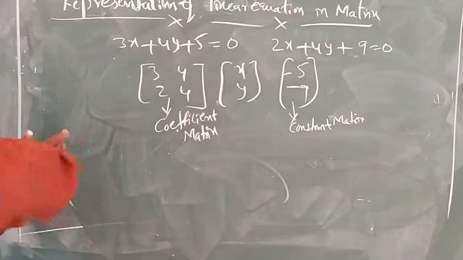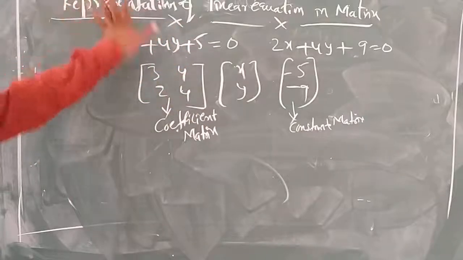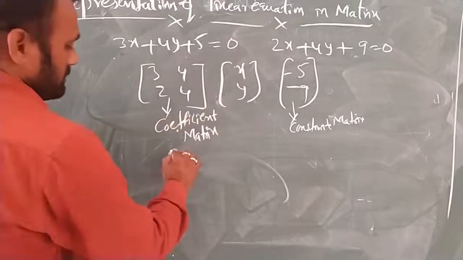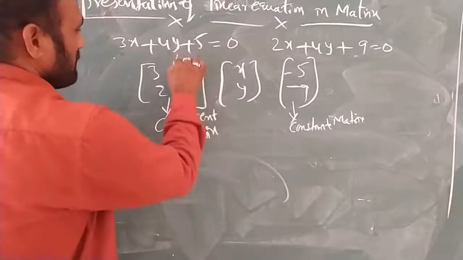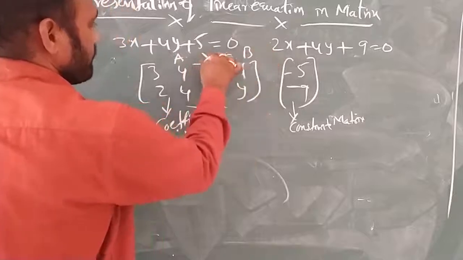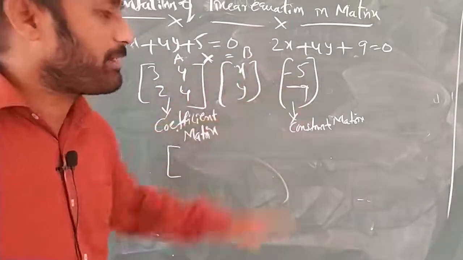Three linear equations with three variables also we can represent in this manner. If I mix this up, it is represented by Ax equals B. This is the A matrix, this is the X matrix, this is the B matrix.